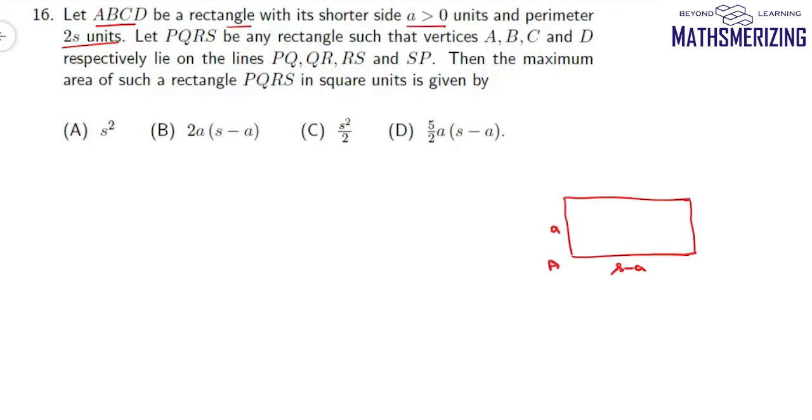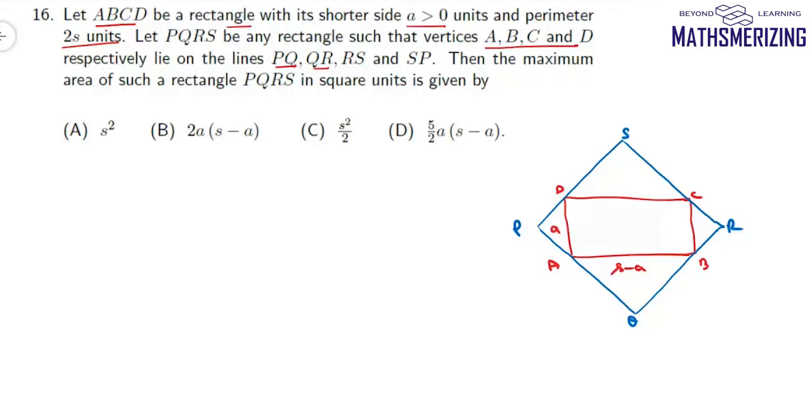So this is A, B, C and D. Now it says let PQRS be any rectangle such that vertices ABCD lie on PQ, QR, RS and SP. So we have another rectangle PQRS such that A lies on PQ, B lies on QR, C lies on RS and D lies on SP. So we need to find the maximum area of such a rectangle PQRS.